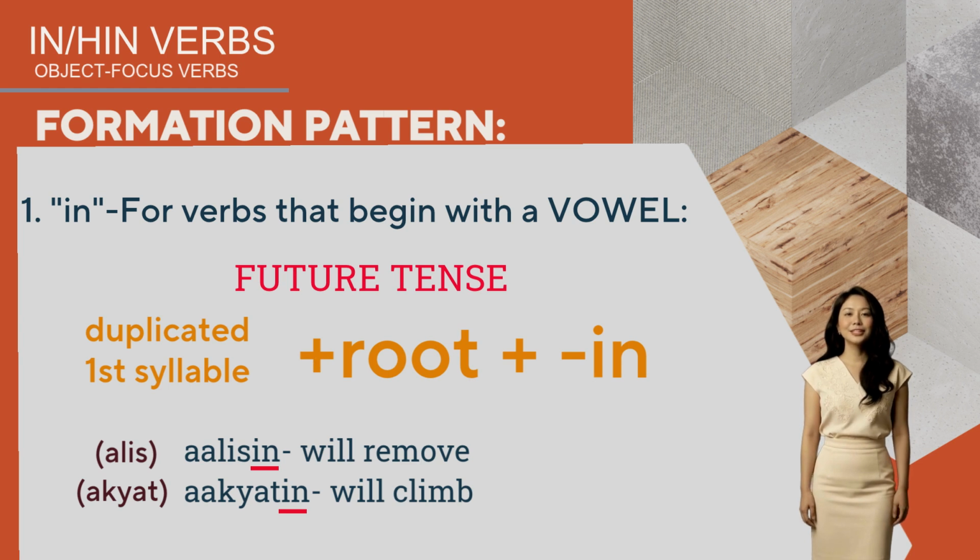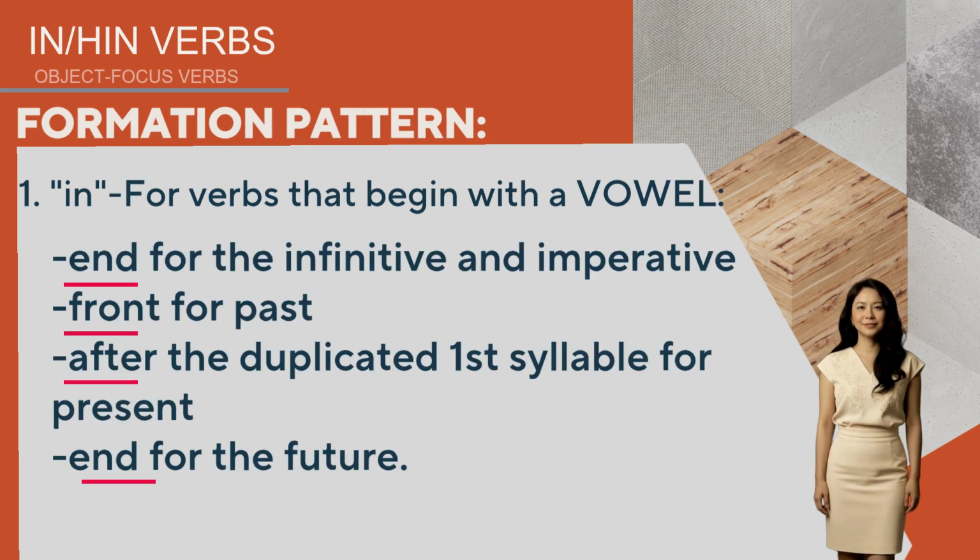In the future tense, we duplicate the first syllable, keep the root verb, and place in at the end again. So our formation pattern will be the duplicated first syllable plus the root verb plus the in. So we get aalisin, will remove, aakyatin, will climb.